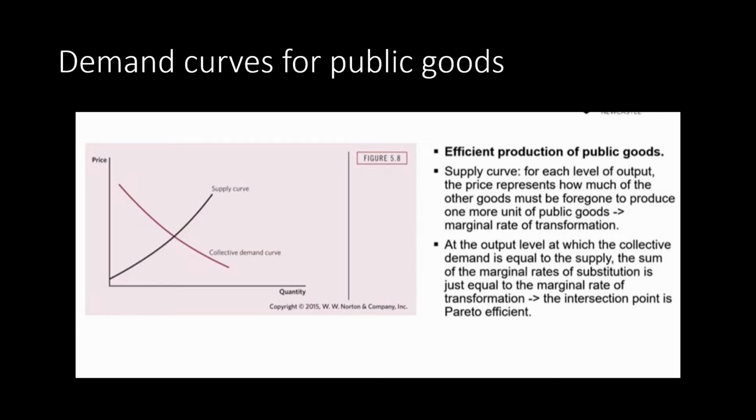It's the intersection of the supply curve and the collective demand curve. That's why at the output level where the collective demand is equal to the supply, the sum of marginal rates of substitution is equal to the marginal rate of transformation.